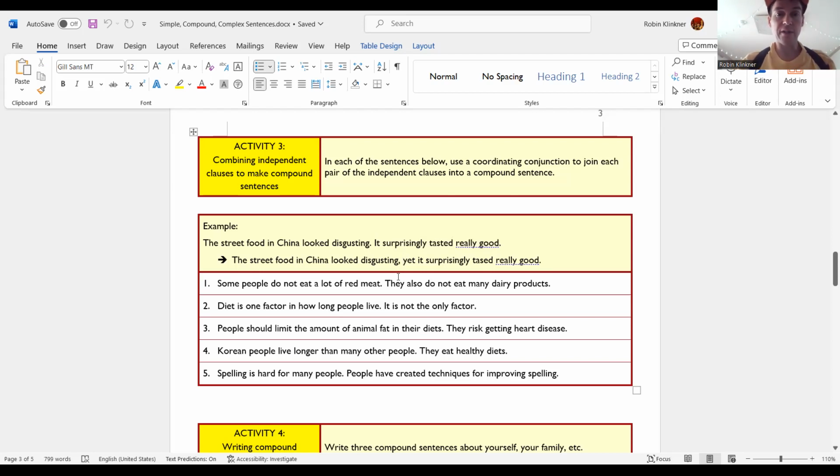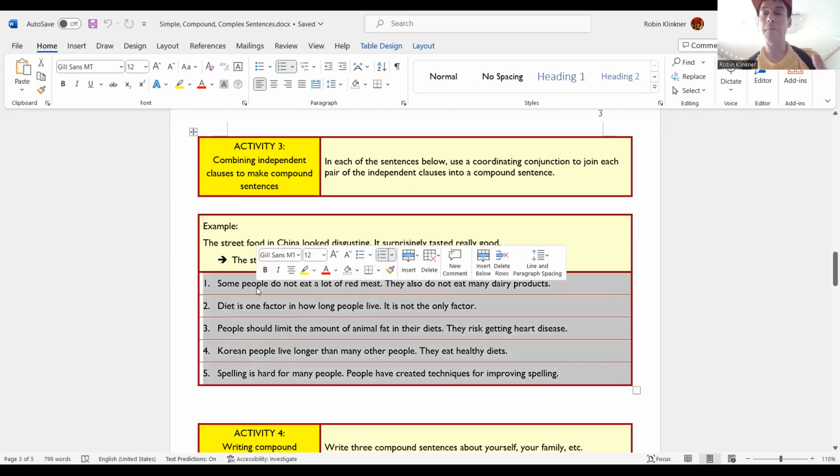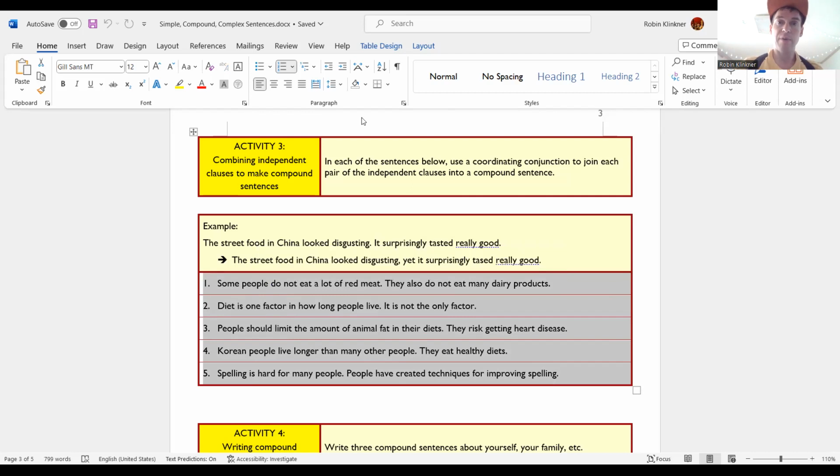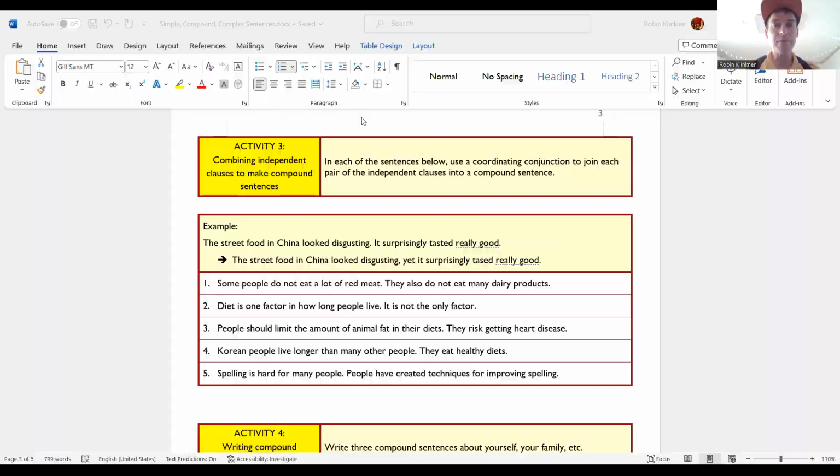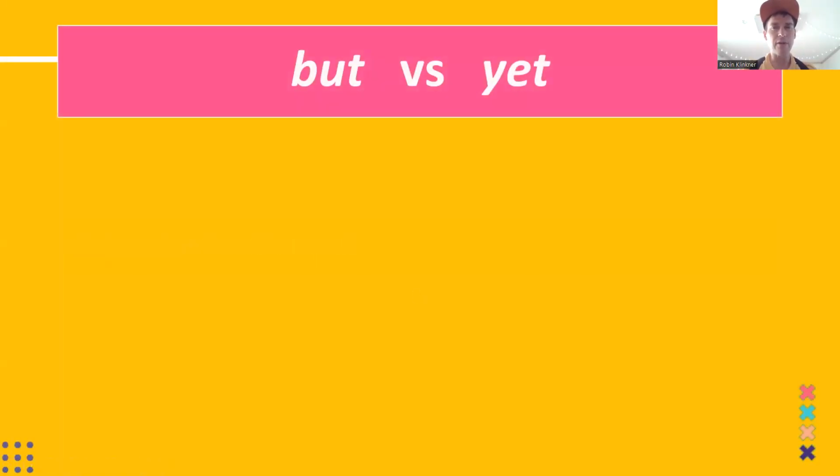The street food in China looked disgusting, but it surprisingly tasted good. Yet it surprisingly tasted good. What is the difference? So for this activity, you want to combine each pair of independent clauses to make compound sentences.